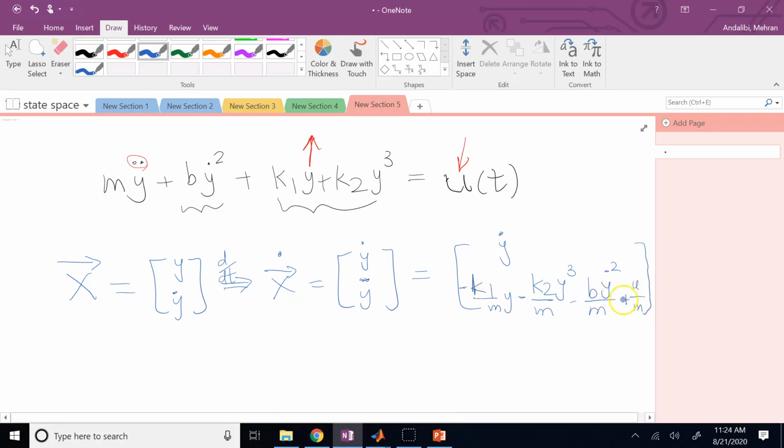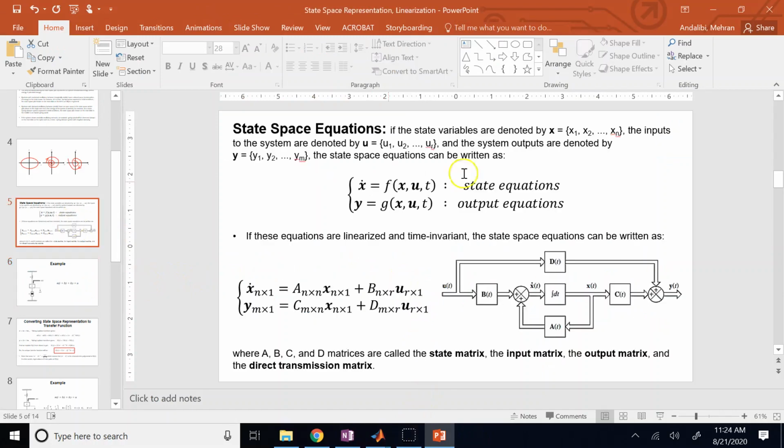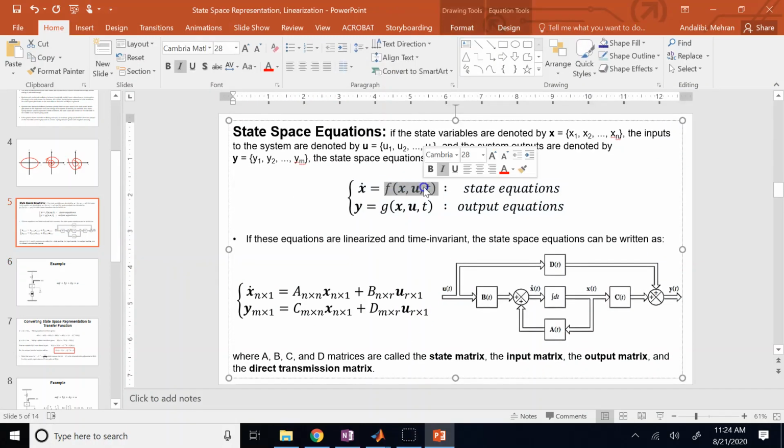Now clearly I cannot write it in a linear format anymore, but all I need to do is write it as a function of x, u, and t. Here I don't have t, but I have u and x.